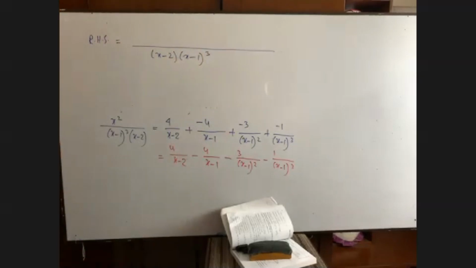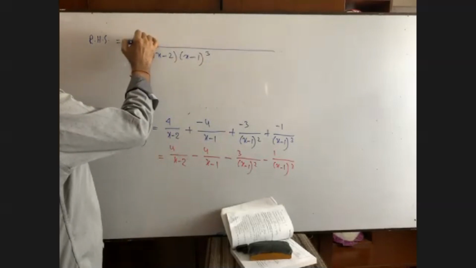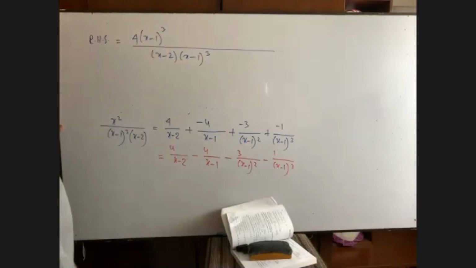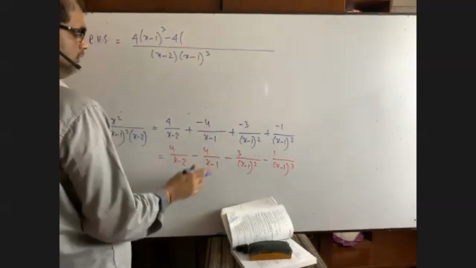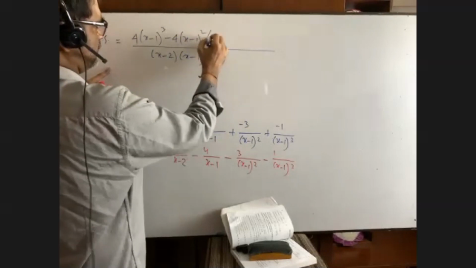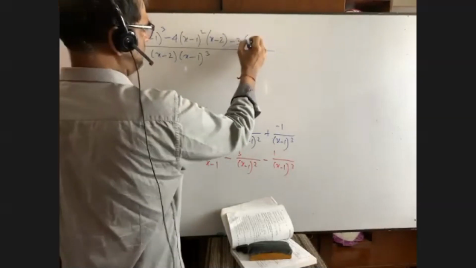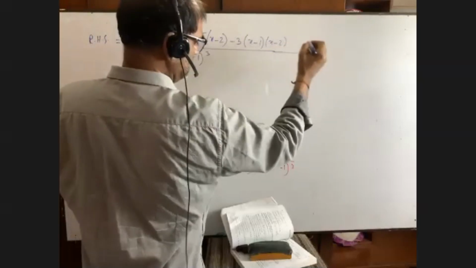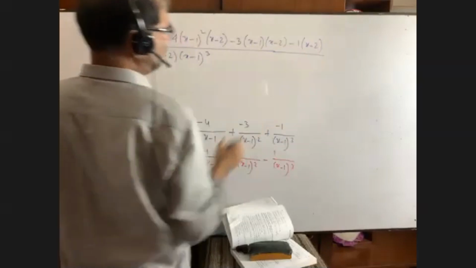So we are getting here 4 into x minus 1 whole cube, minus 4 into x minus 1 whole square, and it is only x minus 2. Here it is minus 3, x minus 1, x minus 2. Here it is minus 1 into x minus 2.